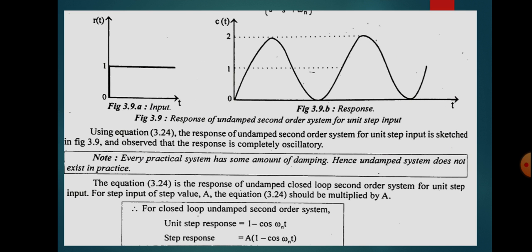So here we got the unit step response as 1 minus cos omega n t, but in the case of a step response of magnitude A we will get A into 1 minus cos omega n t. In this undamped case the output is oscillatory without damping, but such systems are practically not possible. That means the output cannot follow the input.